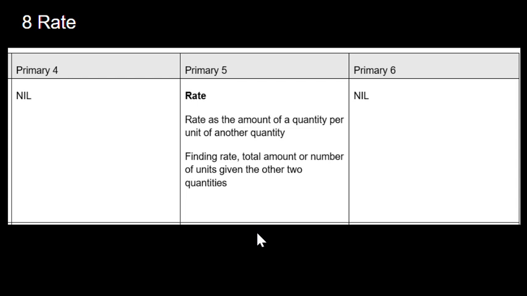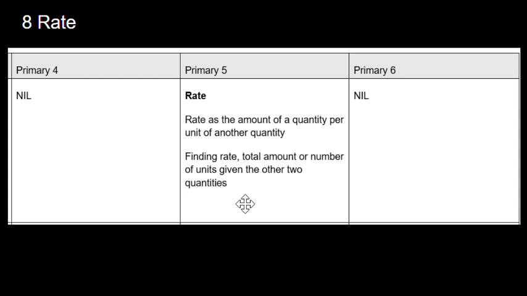Or they give you, say, it takes 1 hour to fill up this tank, find the rate. So the other way around. It takes 1 hour to fill up the tank, so you need to know the volume. Then from the volume you divide by the time, you get back the rate. Or they will say things like, John takes 1 hour to paint a wall, and Peter also takes 1 hour to paint the same wall.